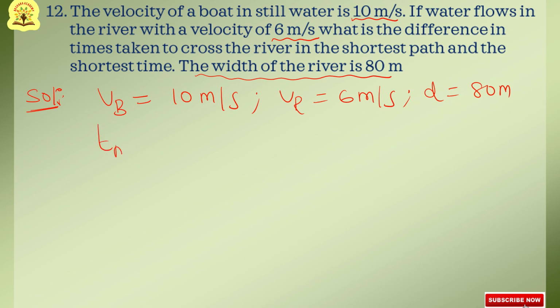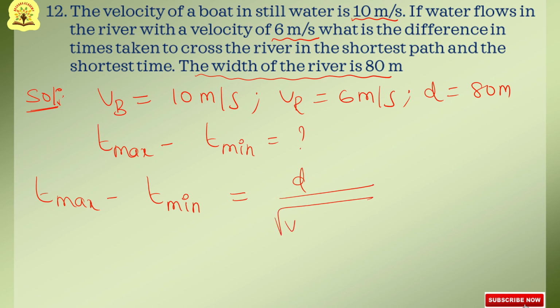You have to calculate T maximum minus T minimum, which is equal to D by square root of Vb square minus Vr square, minus D by Vb.